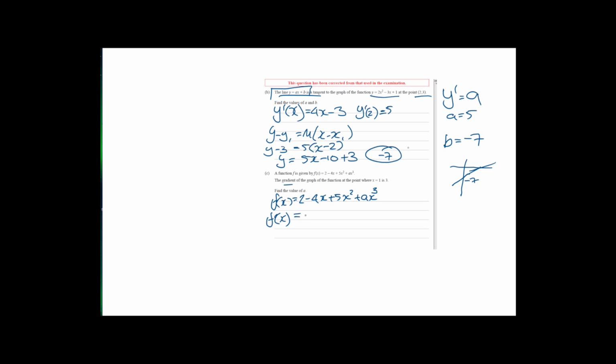The 2 goes, minus 4 plus 10x plus 3ax squared. So that's that. And then when they tell us f dash of 1 equals 3, okay.